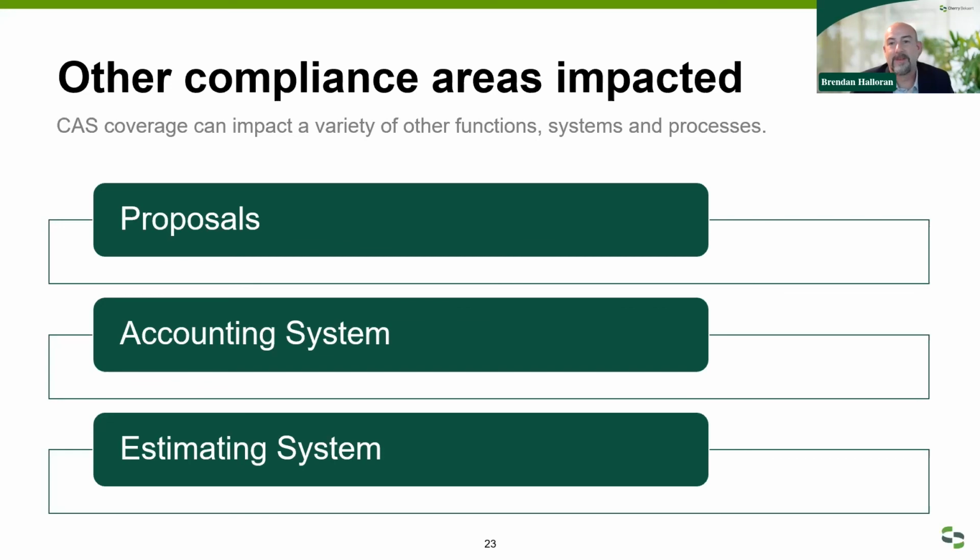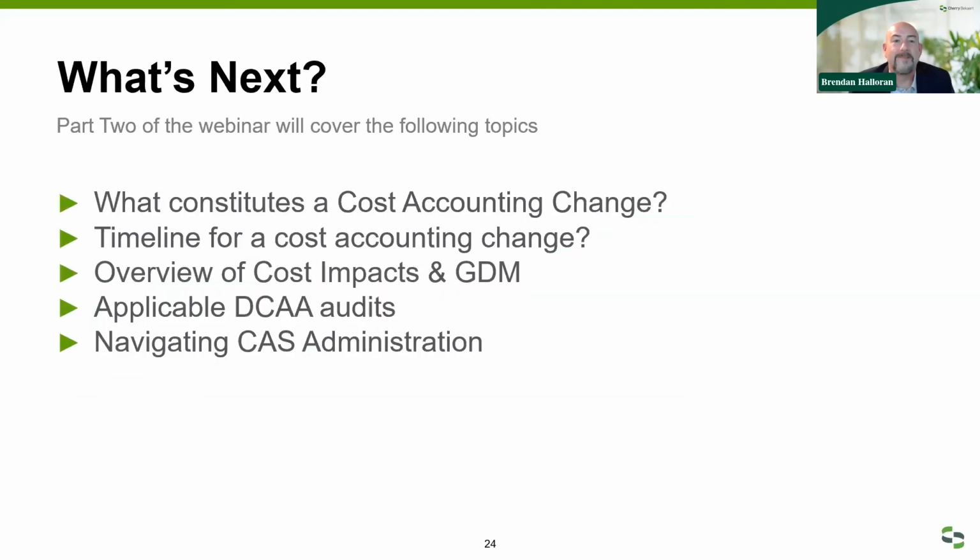Yeah. Great. So as we mentioned, this was part one of this series. In part two, we'll give you a quick glimpse of some of the details that we hope to dig into and give you some more practical insight in terms of what the administration looks like, and cost accounting practice changes.